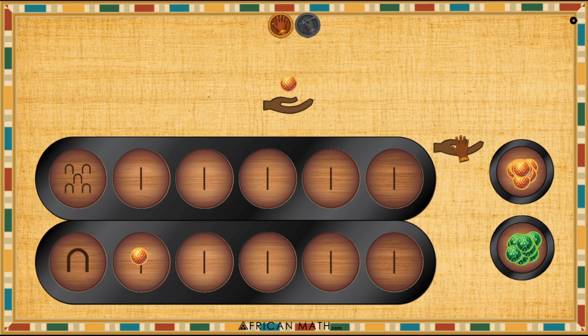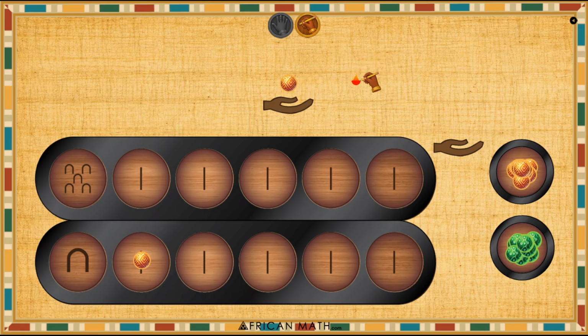So now we have 5 put together with 1 down here, and that's the same as, can anybody tell me what comes after 5? Okay. So let's draw it out.